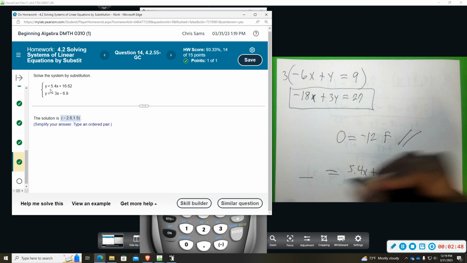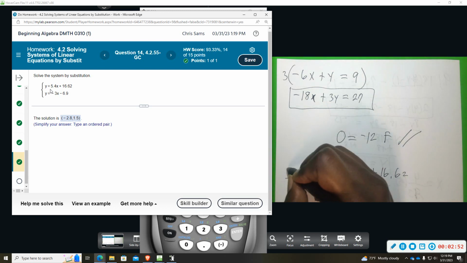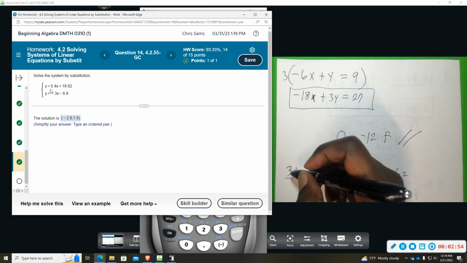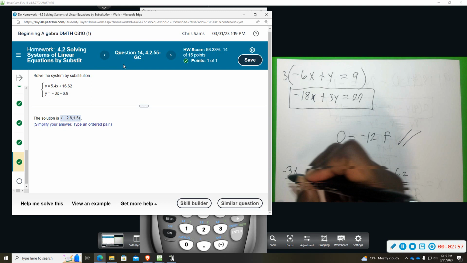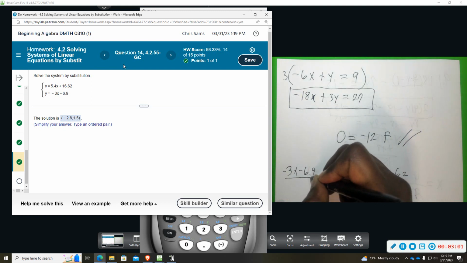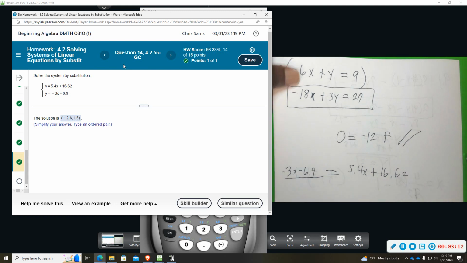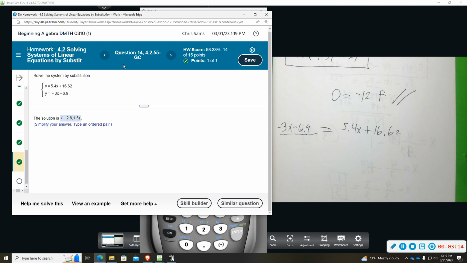That's one side, and then the other side was y. You just plug it in on the other side. So you just plug in the negative 3x minus 6.9. And so you have this, and we would just combine like terms, move the x's over, and then solve for x, and then plug it in and solve for y after that. So it's not bad to do that either.